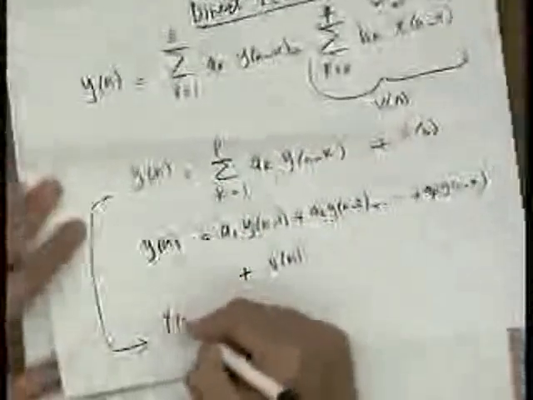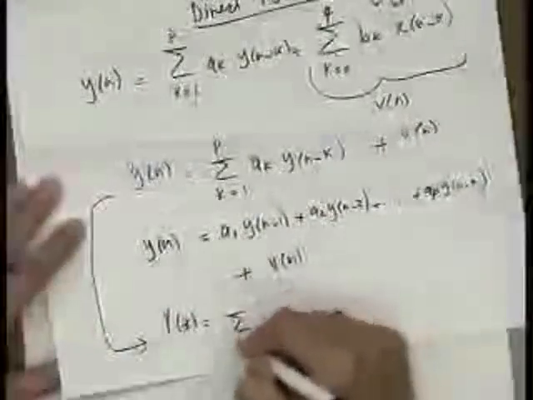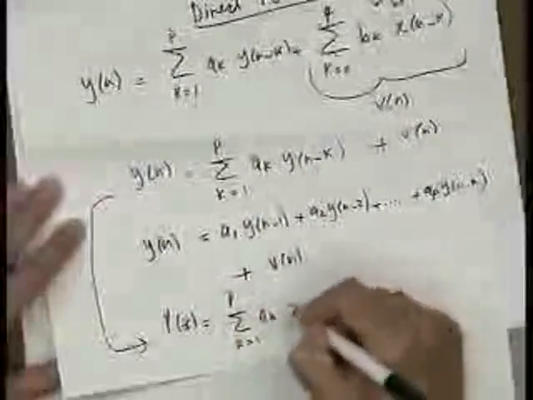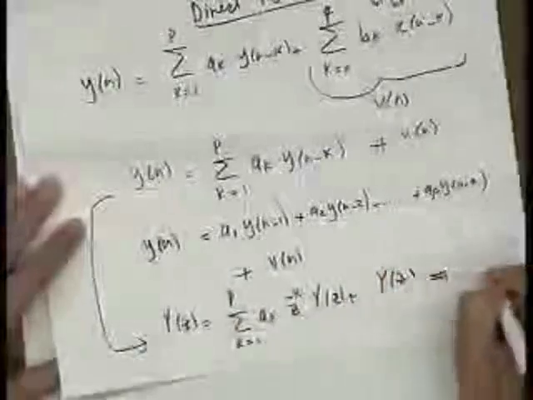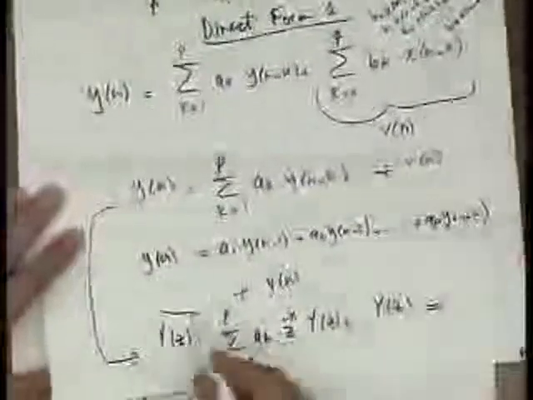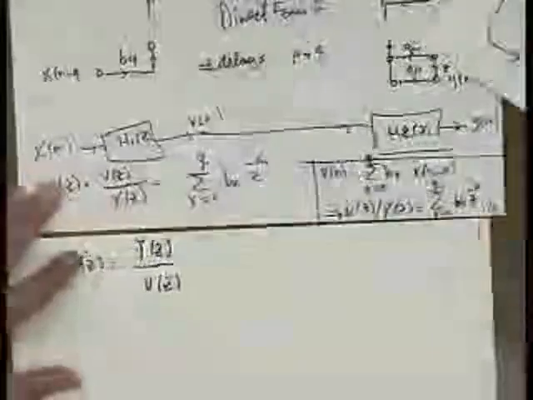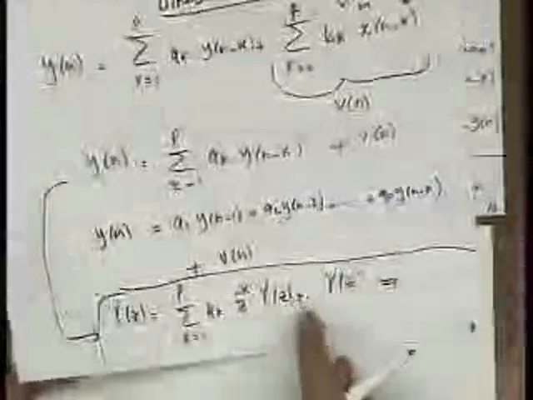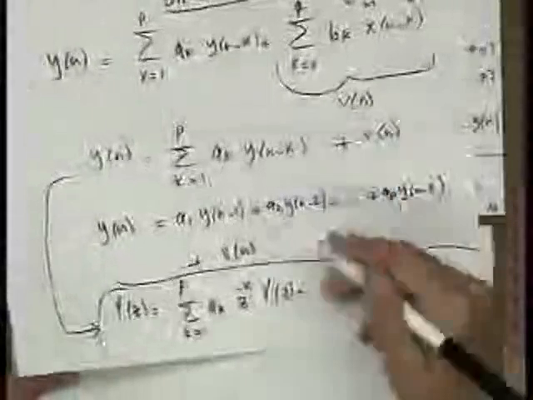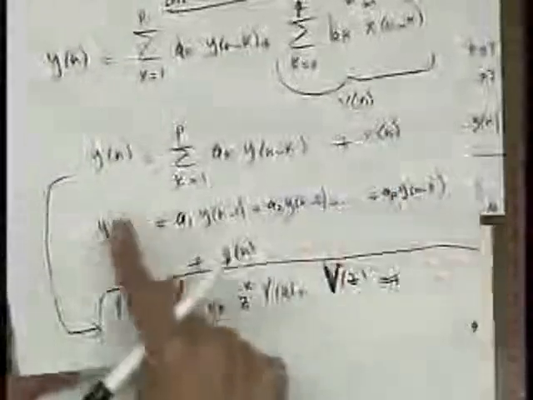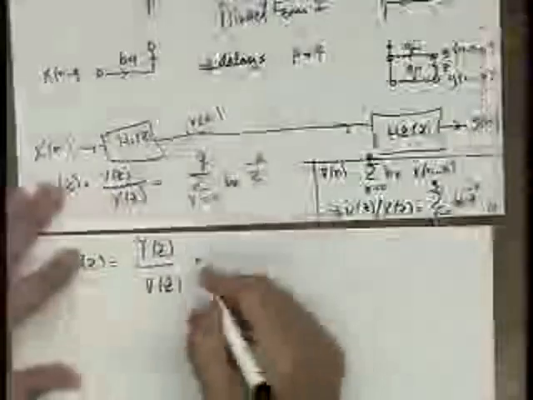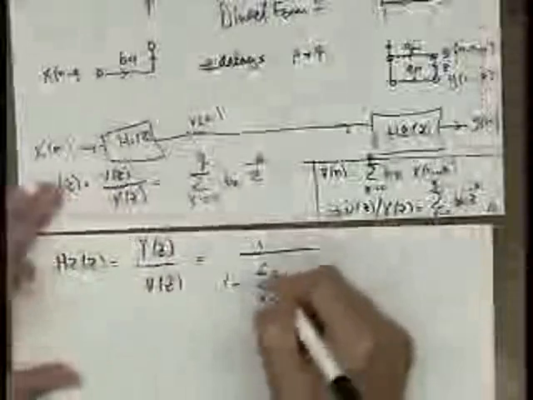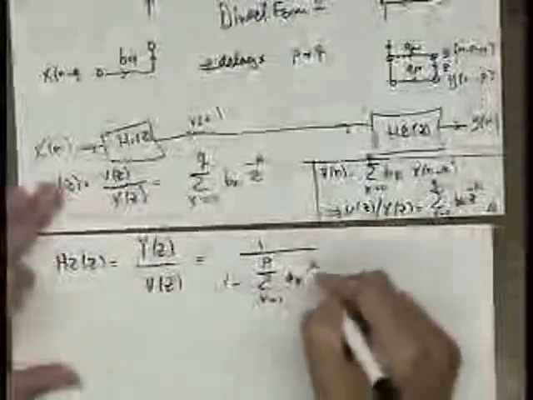You can just say y of z is equal to summation from k equals 1 to p of a sub k z to the minus k y of z plus v of z, and then you can rearrange this. And as a side issue, you compute y of z over v of z, and I get something like 1 over 1 minus summation k from 1 to p of a sub k z to the minus k.